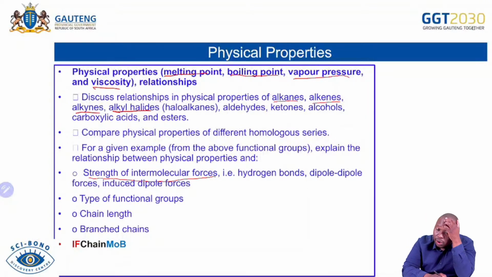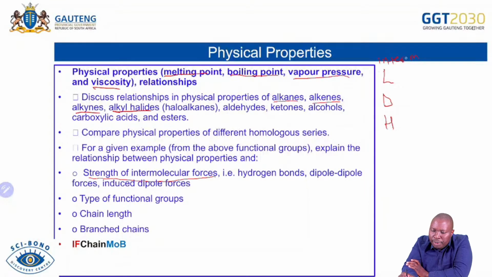Now, remember, in tech science, our main focus here in grade 12 is the London force, the dipole-dipole, and the hydrogen bond. So that becomes the focus of our physical properties, to say these are the intermolecular forces that we're having.